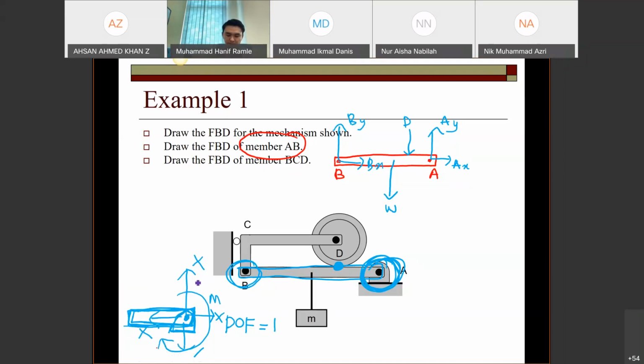Why this single? Maybe I draw a wheel and this surface. Let me explain. If you consider this rigid body and D, I draw it in purple color. This AB member, if you connect it with D, you have to identify the movement of the AB member.